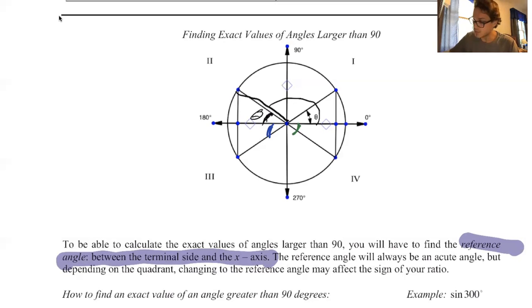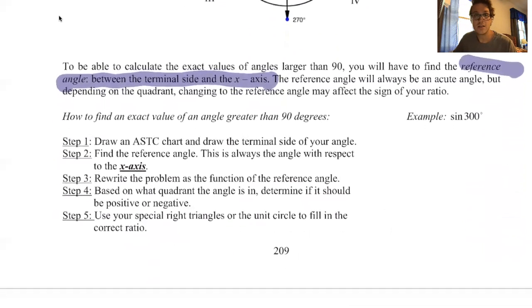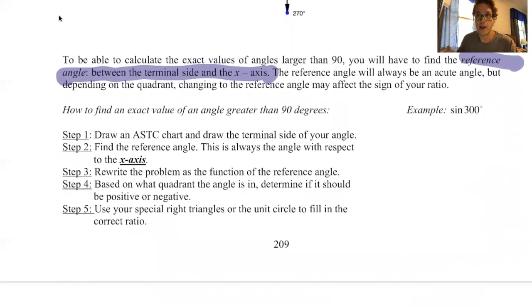So our process then, what it's going to boil down to in order to find the exact values of trig functions greater than 90 degrees, is we draw an ASTC chart, and that's going to help us figure out whether our trig function should be positive or negative, right? That's going to get the sign of our trig functions correct. And then we need to find that reference angle, which is the angle with respect to the x-axis.